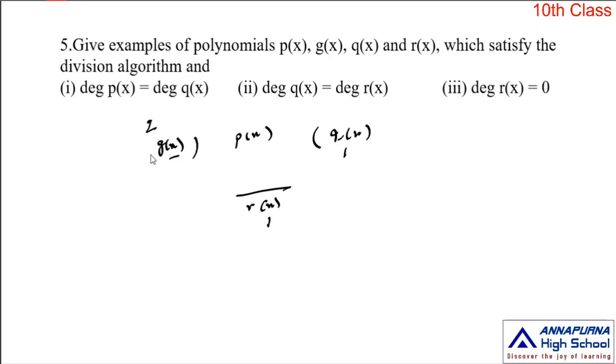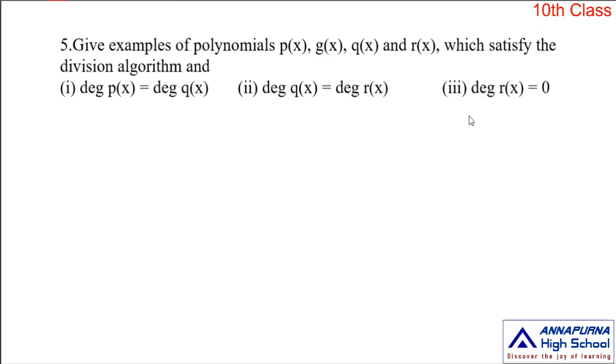That means you can take a second degree polynomial. And what is the degree of the dividend? 2 plus 1, it is equal to 3. You must take a third degree polynomial. Take a third degree polynomial and a second degree polynomial as the divisor, and find out the quotient and remainder.